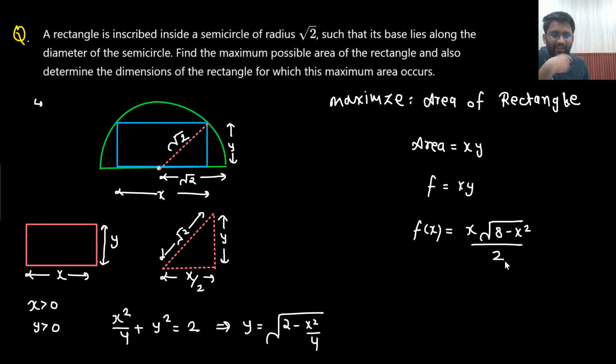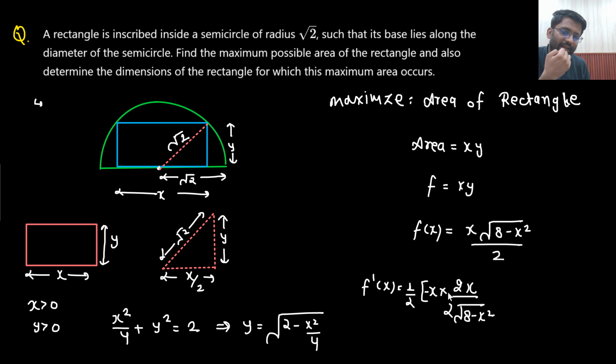Okay. Now you differentiate and then put that equal to 0. First as it is, then 2x here with a negative sign, plus second as it is. This is the differentiation we have done.